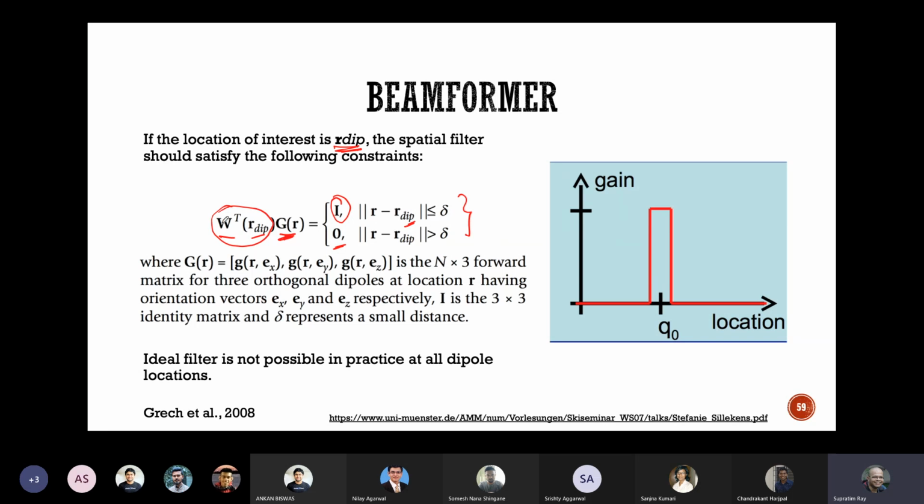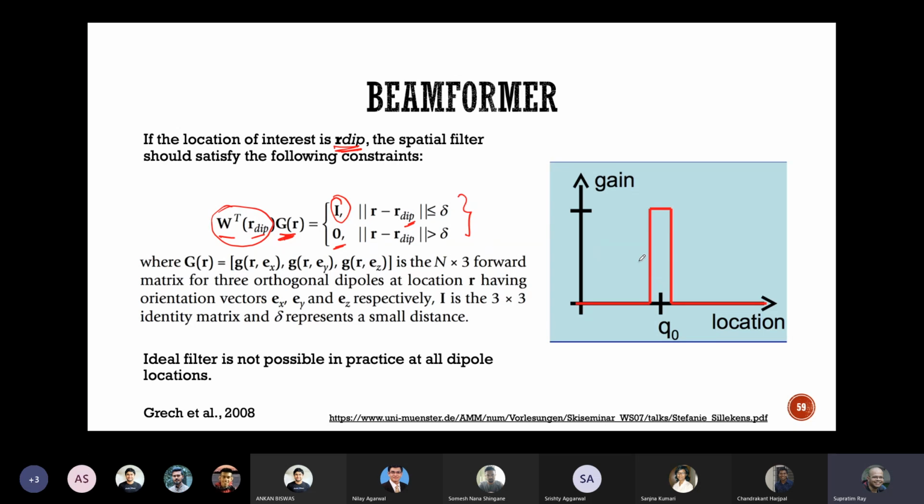But the weight vector is also such that a dipole at any other location will get cancelled out. So it's going to have a spatial filter that looks like this. This is now the location space. It reconstructs it perfectly. This is a perfect ideal filter, which is not possible in real life, but we will try to approximate this.